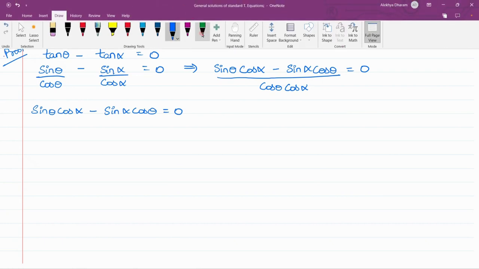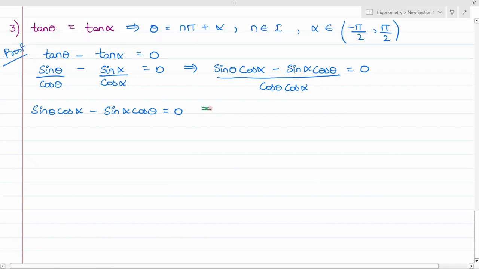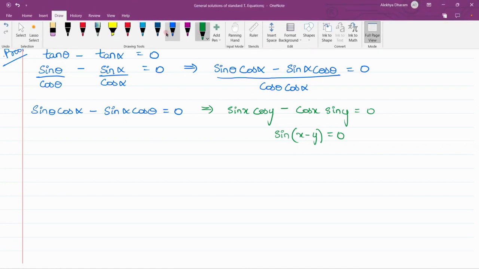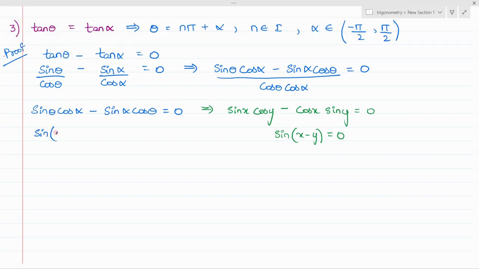Now, if you carefully observe, this equation is in the form of sin x cos y minus cos x sin y equal to 0. This can be written as sine of x minus y is 0. So it becomes sine of theta minus alpha is 0.